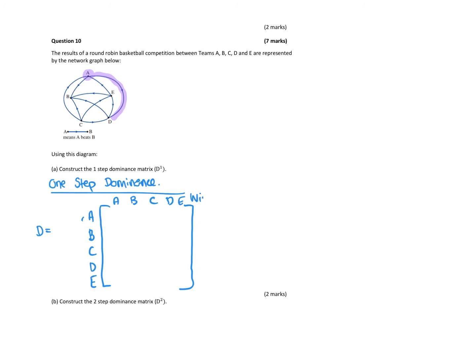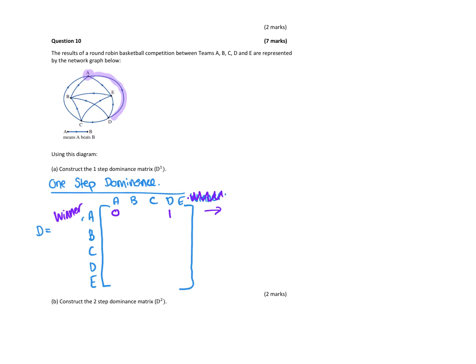This up here is the winner. So if you look here, A beat E. A beat D, so we'll put a 1 there. A doesn't beat themselves. It's winner, and then you go across this way, okay? So A doesn't play themselves.